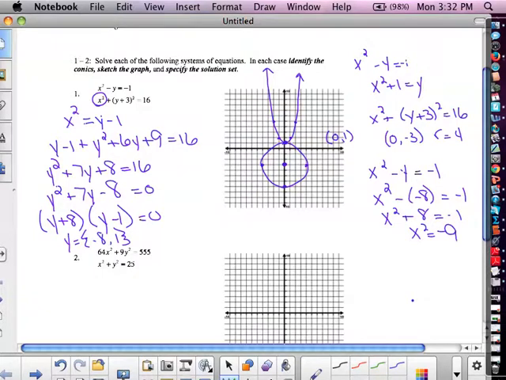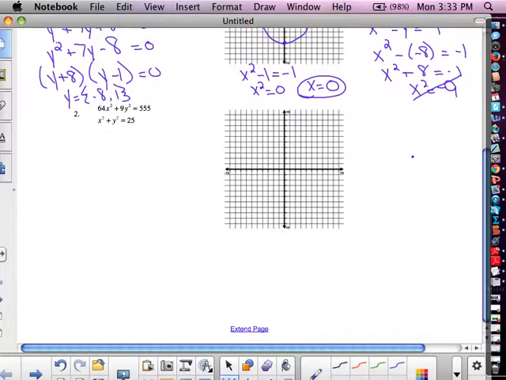Can't take the square root of a negative number, so therefore that value y equals -8 is an extraneous solution and does not work. So then check the other, x squared minus 1 equals -1, so x squared equals 0, so x equals 0. So I get the solution that I see graphically at 0, 1, and that's the only solution to this system.